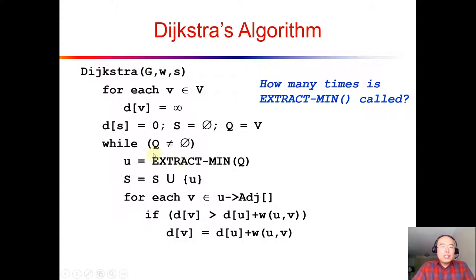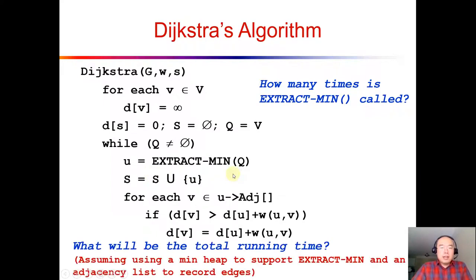Eventually our goal is to remove all the nodes from the queue to the S, right? So how many times do we call that? Depending on how many vertices we have. For each vertex, we call extract min once. So what is the total running time?